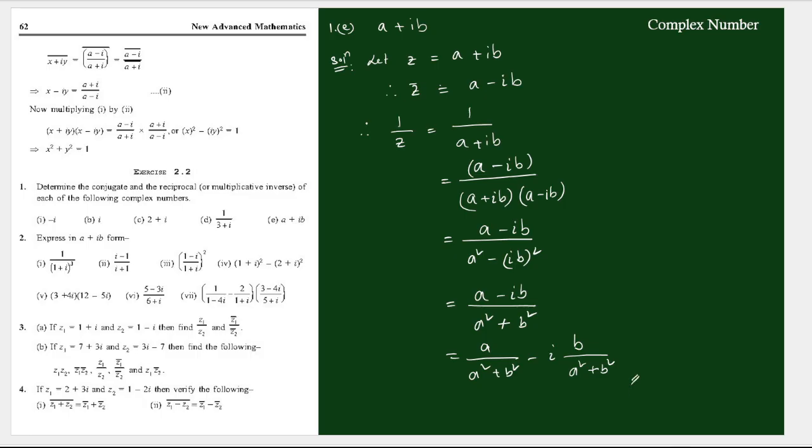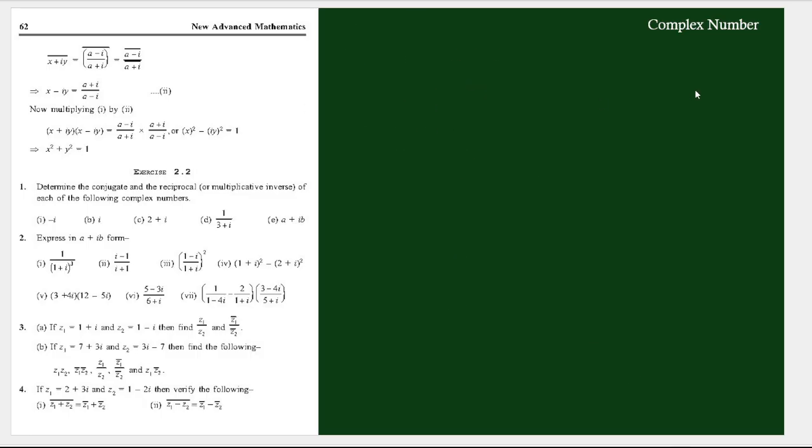Okay, now let's go to question number 2. Express in the a plus ib form. So what is our first question?